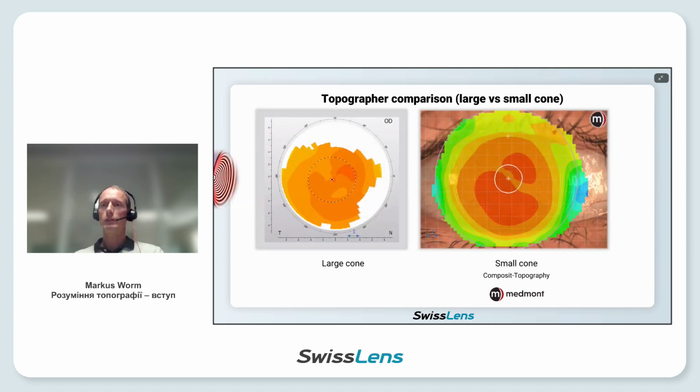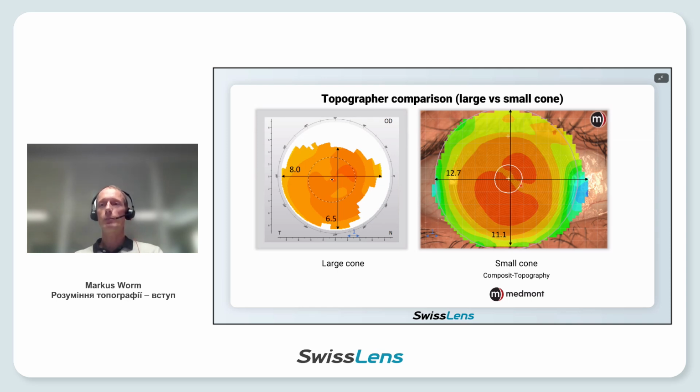Both topographies were made from the same eye, and sure, they are scaled, so both sizes are the same. With a large cone topographer, you can get a capture of maybe 8 millimeters, vertical even less, compared with over 12 millimeters, or even more on the right side for the Medmont Meridia.